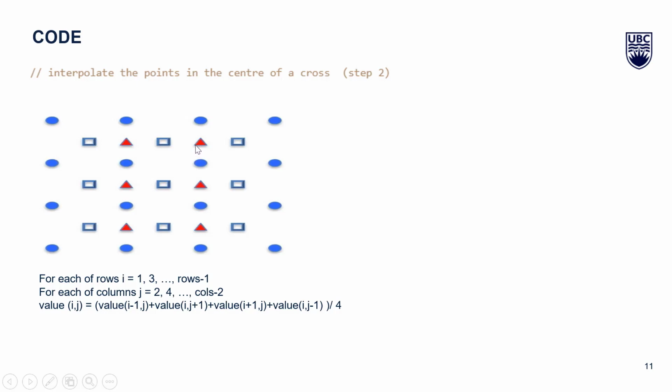The position of this point is in row i and column j. So the value of this point will be the value of point i minus 1 j, plus point i j plus 1, plus point i plus 1 j, plus the value of point i j minus 1, and we divide by 4 to calculate the average of this summation.